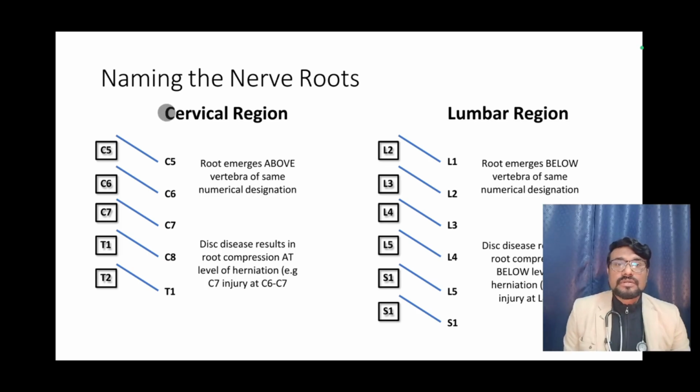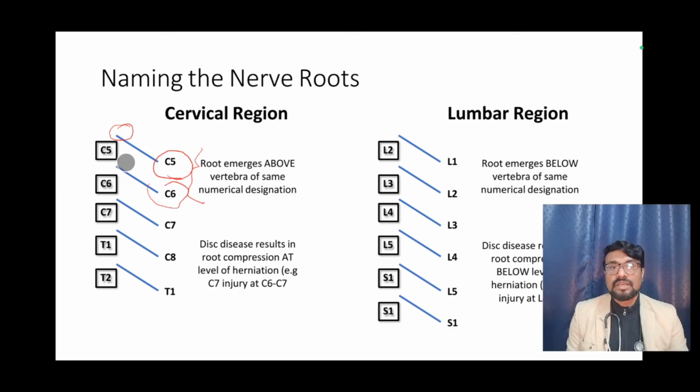Then, in the cervical region, the nerve roots emerge above the vertebra of the same numerical origin. That is, C5 emerges above the C5, C6 above the C6, C7 above the C7, and C8 above the T1, T1 above the T2.